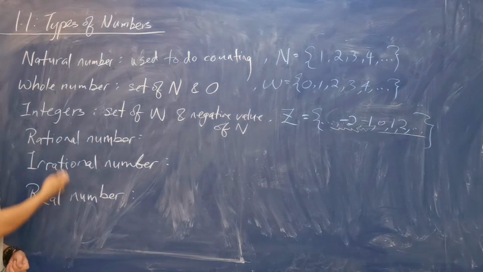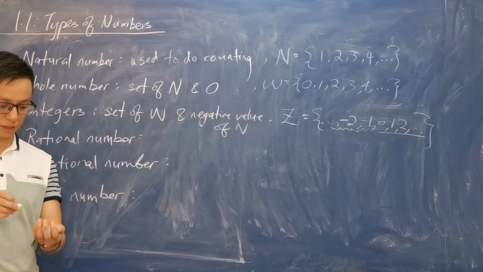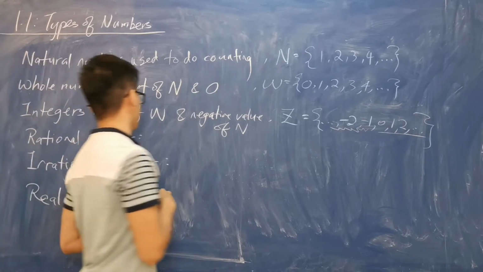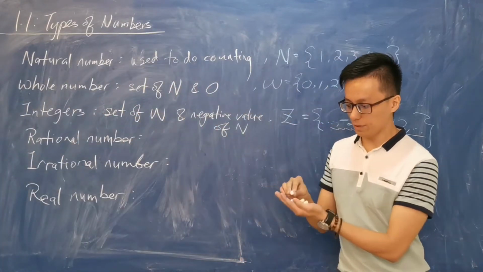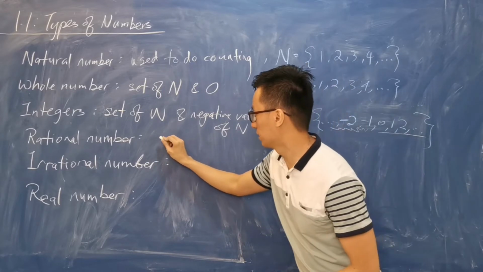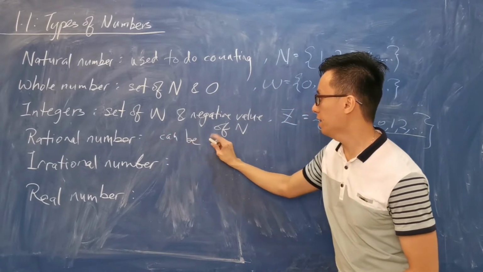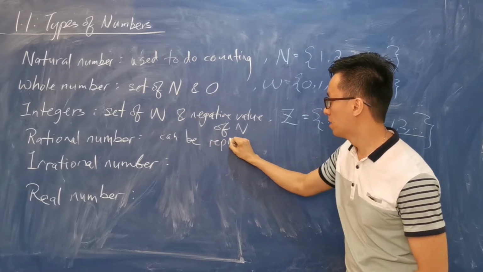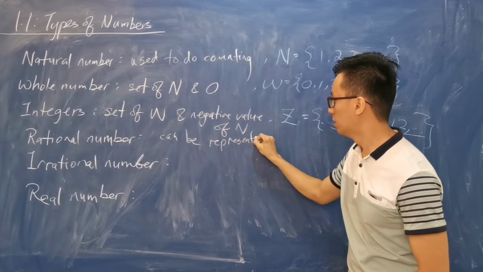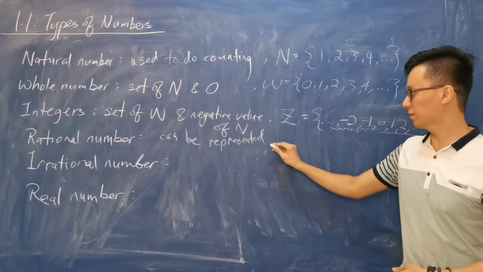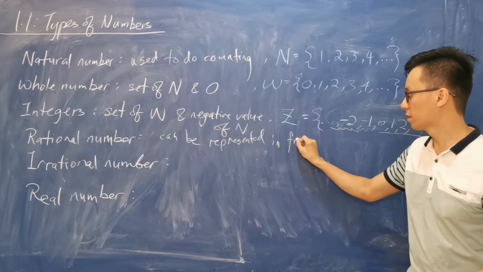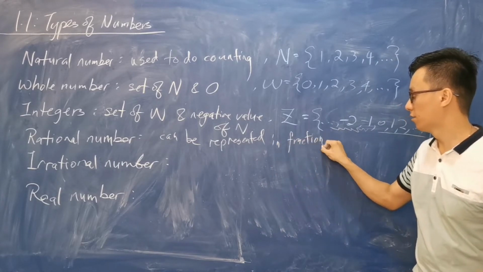The fourth one, rational number. So, what is rational number? The rational number we define as the number that can be represented in fractions.